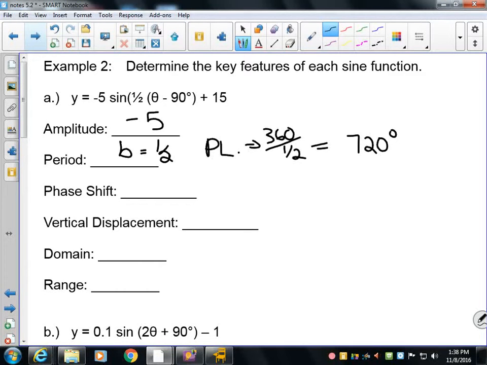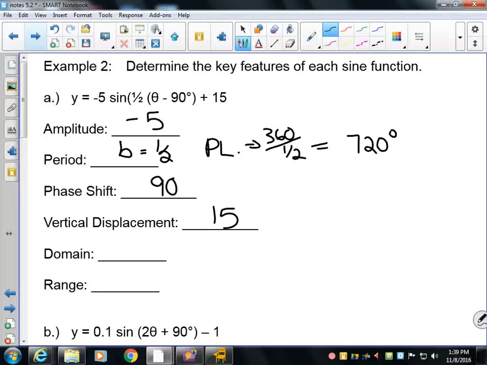What are we shifting? A positive 90 degrees. The vertical displacement is 15 up, and the domain and the range. Okay, so we moved 15. Sine normally starts at 0, but we move 15, and then we're going down 5, so that'll be 10, up 5, so that'll be 20.